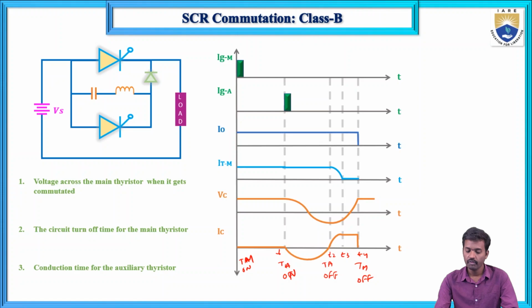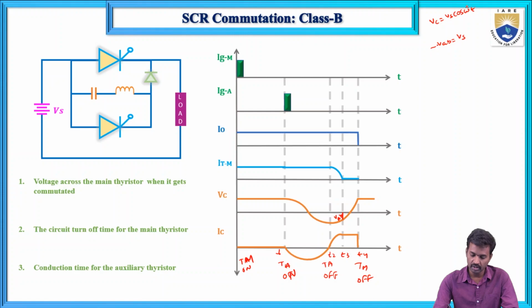So now this is T1, this is T2, this is T3, and this is T4. Up to here, this is VAB. So this is the voltage across the main thyristor when it is turned off. Minus VAB equals Vs, actually the voltage across the capacitor is VC equals Vs cos omega t.